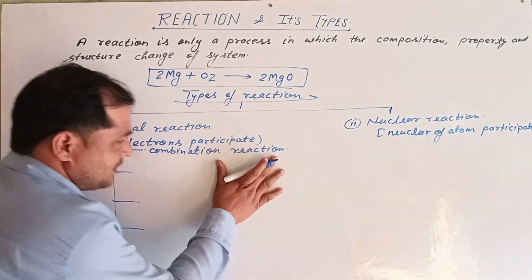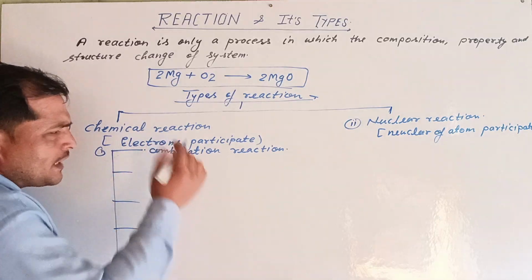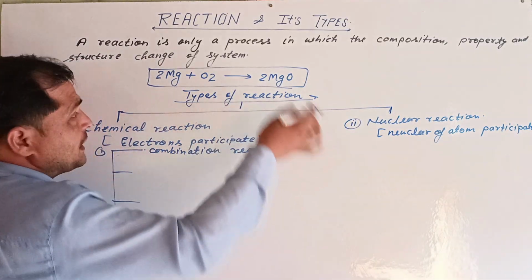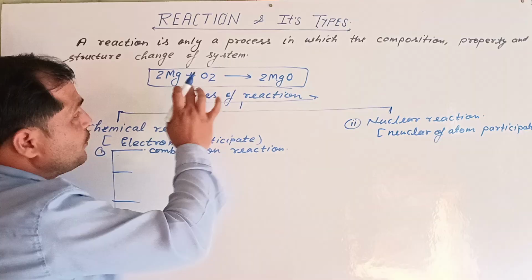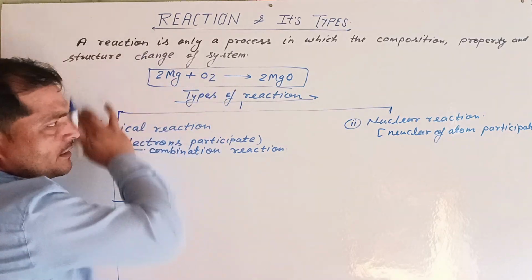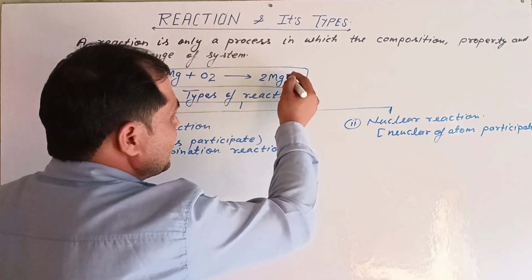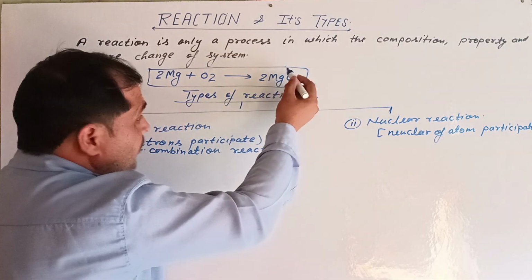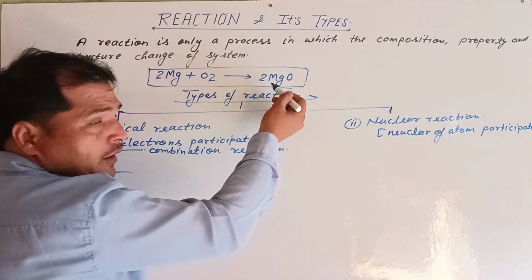In the given example above, magnesium and oxygen are the two reactants, and the product is given in the form of MgO.